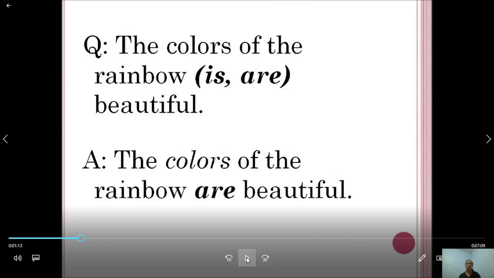So it requires a plural form of the verb. Between is and are, the plural form is are. The colors of the rainbow are beautiful. So, that's the number 3 rule.